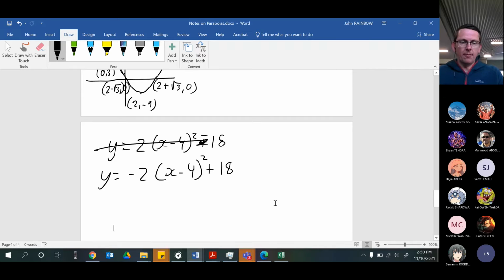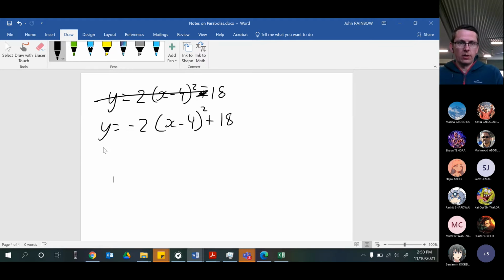If we're looking at this graph here, we're going to look at where the turning point is. It's going to be at 4, 18. Think of the graph though. It's been dilated by 2 from the x-axis.